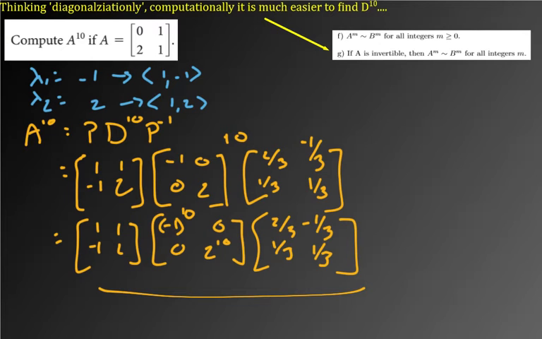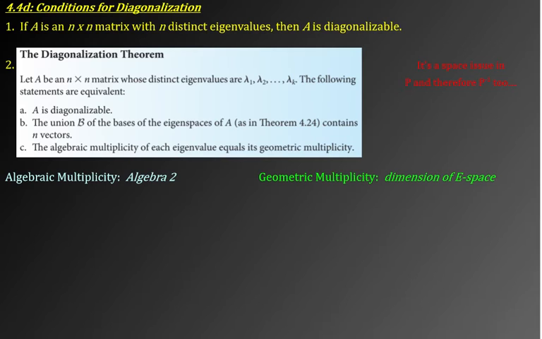So just so you know, this is what it equals: 342, 682, 341, 683. That is equal to A to the 10th, but we've done it through a different way. It's a cool little trick.